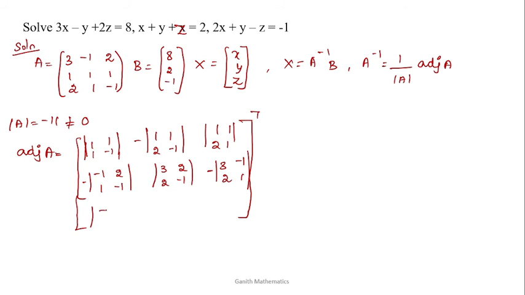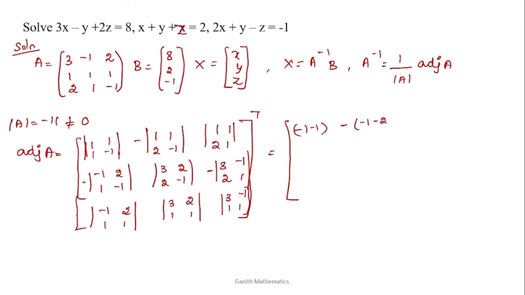Then it will be minus determinant of 1 2, 1 1, then 3 2, 1 1, then 3 minus 1, 1 1, right? So if you find it, it will be minus 1, minus of minus 1 minus 2, plus 1 minus 2, right?